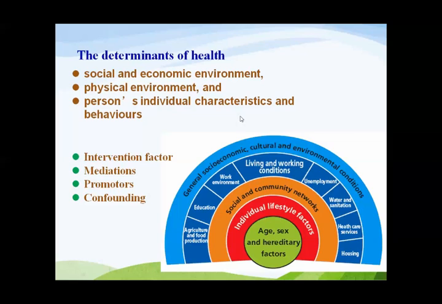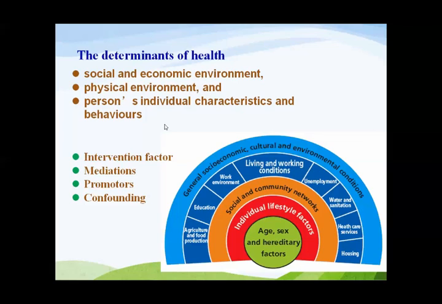Then water and sanitation: clean water can prevent a lot of diseases. And healthcare services: if good healthcare services are available, and they provide education and health service in a timely way, this can be very helpful in the prevention of disease.